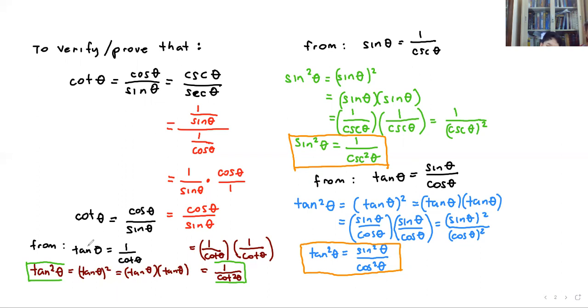And from the reciprocal identity, tangent theta is equal to 1 over cotangent theta. Tangent squared theta is equal to tangent theta in parentheses to the power of 2, which is equal to tangent theta times tangent theta. And tangent theta is equal to 1 over cotangent theta. Therefore, tangent squared theta is equal to 1 over cotangent squared theta.